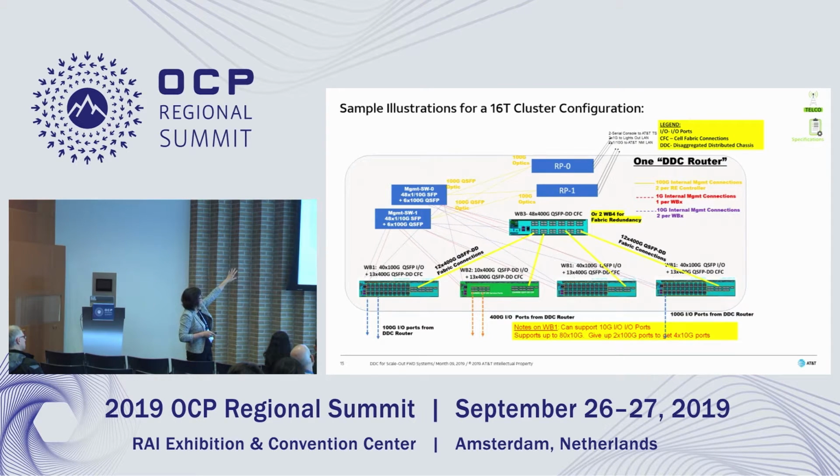So this one shows that if you want a 16 terabit cluster, you would need four line card pizza boxes, and the fabric ports from each of the line cards have to connect to the fabric pizza box and interconnect, so you build this large system. If you need more capacity, with the cluster to be larger, you will need to deploy more fabric connection blocks, just so that you can connect them up.